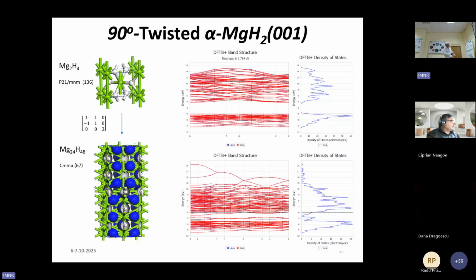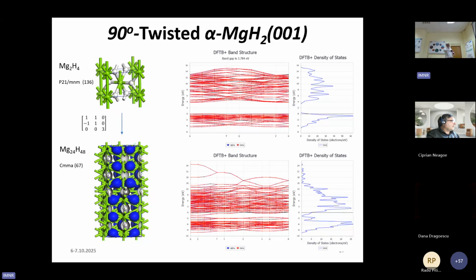And just by this defect creating, we see that the band structure is quite different. And also the density of states are similar but not identical. So we have to make the remark that here the scale are different.